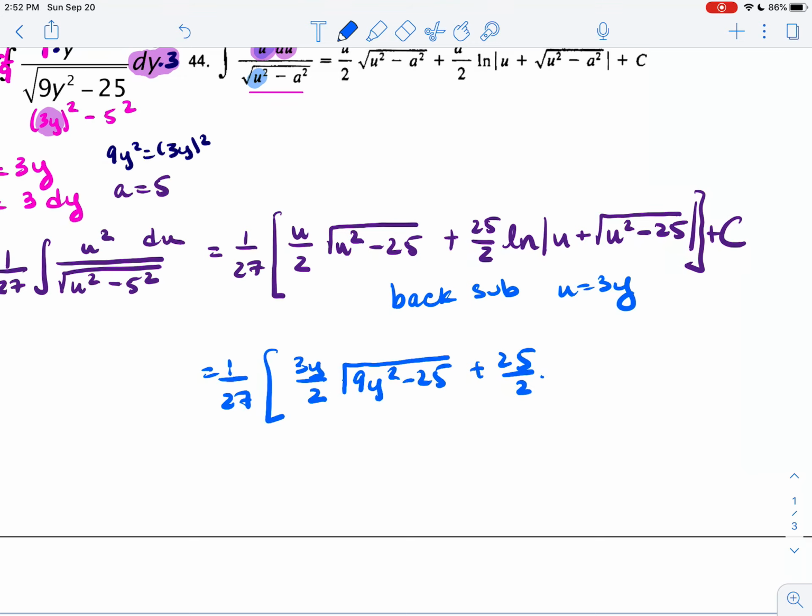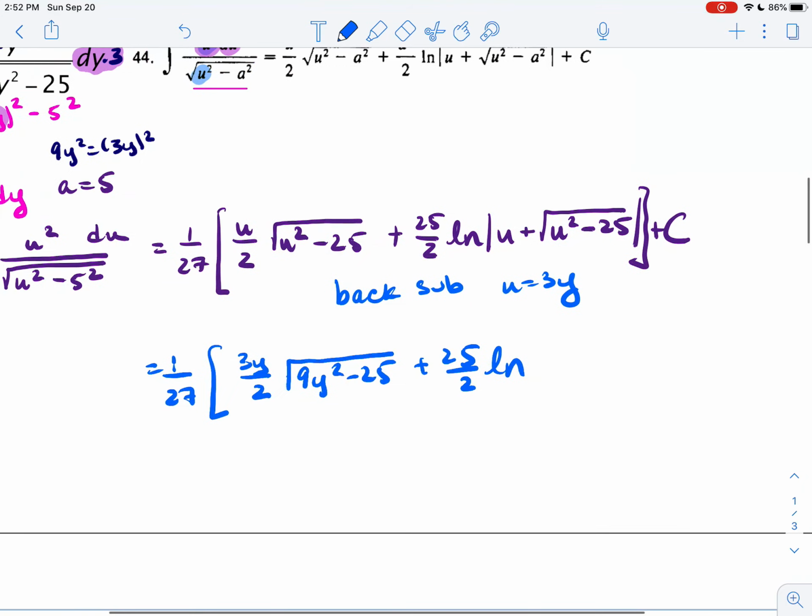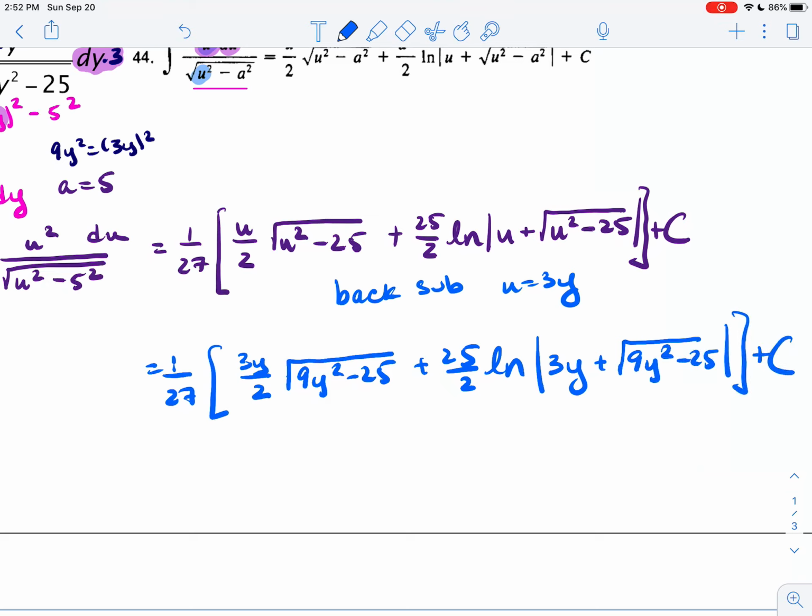This is going to be 3y times the square root of 9y squared minus 25, plus 25 over 2 times the ln of, and u is 3y, plus the square root of (3y) quantity squared, which is again 9y squared, minus 25. And we can do plus c.